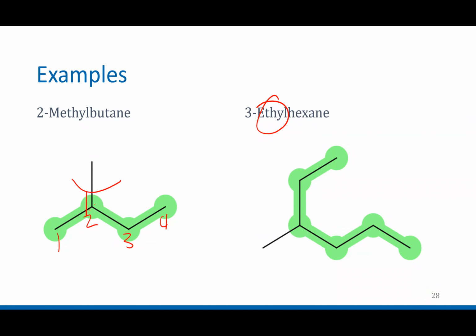On the second carbon, I have another carbon. So this would have only 1 carbon up here, so we call that methyl. This is butane because it has 4 carbons. So we would say methylbutane.